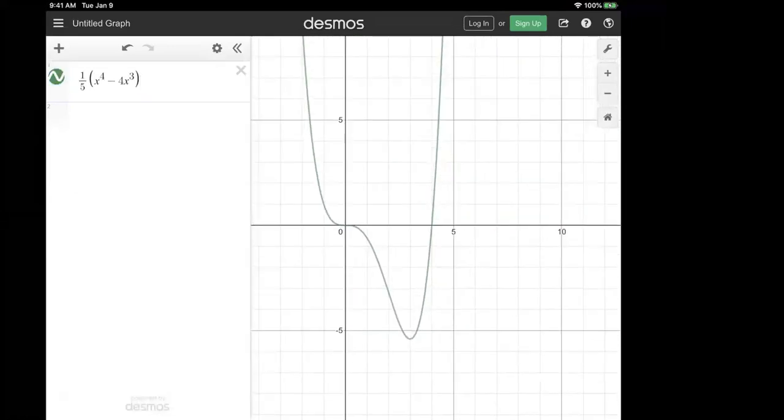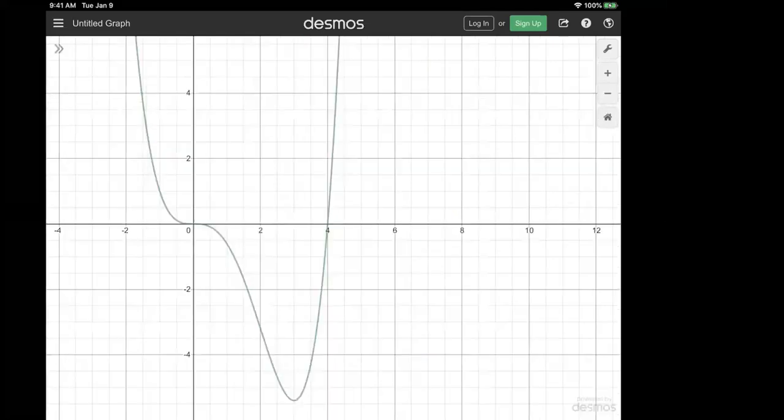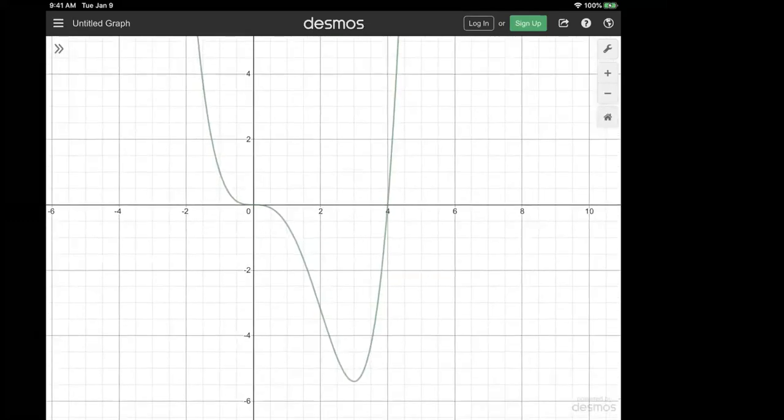Okay, and so there's the graph of that function. And there's the relative minimum value at 3, minus 5 over 4, or minus 5.4 rather. Okay. And notice that there's no relative maximums occurring here. This function's always bigger than that negative 5.4.